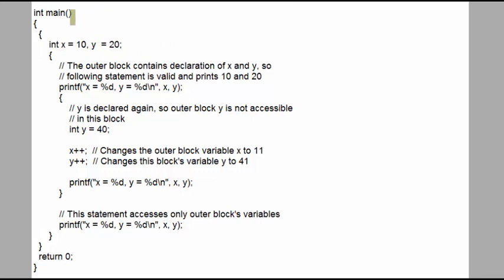Now look at this piece of code. The outer block contains the declaration of x and y. So the printf statement prints the values of x and y as 10 and 20. Now inside this block y is declared again and the value of y is modified. So the outer block y is not accessible in this block.